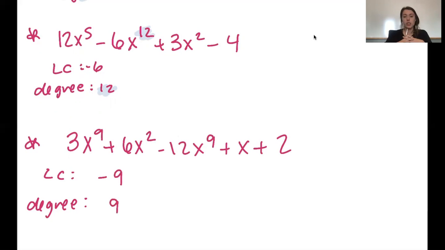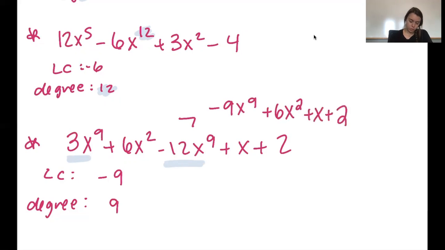The reason is that you would hope these are always simplified, but this isn't simplified all the way, because these terms both have x to the 9th in them, which means the like terms haven't been combined. If you combine all the like terms, it would be -9x to the 9th plus 6x squared plus x plus 2. So that would be -9 and 9. That one might have tricked you, but that is the answer.